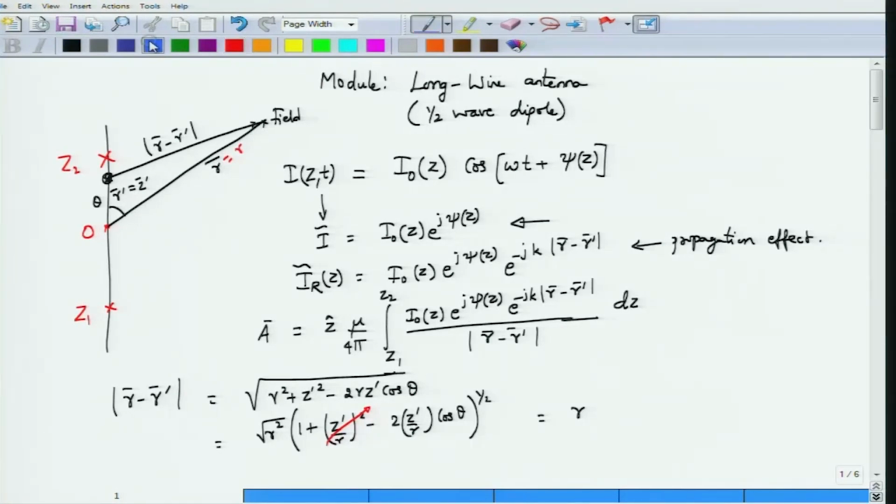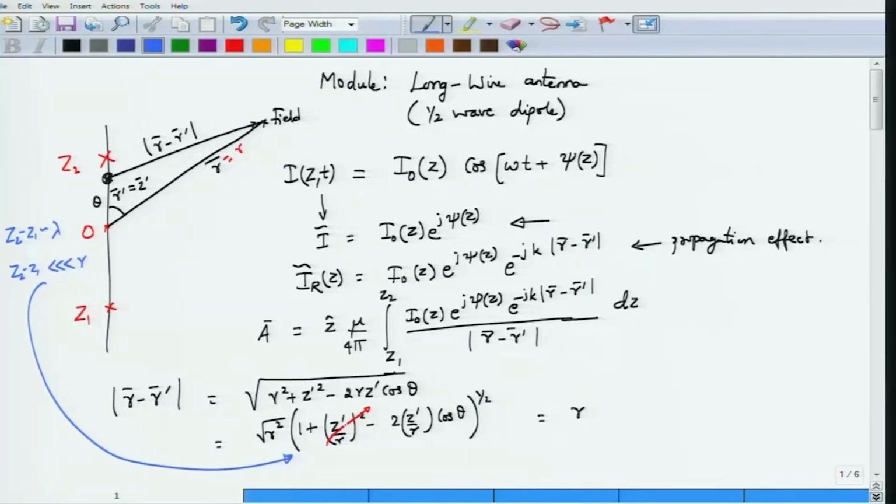What we are saying here is that the antenna length, which is z2 minus z1, is appreciable compared to the value of lambda, but z2 minus z1 is still very small compared to the distance of the field point from the origin. So, this is what we are putting in this approximation.